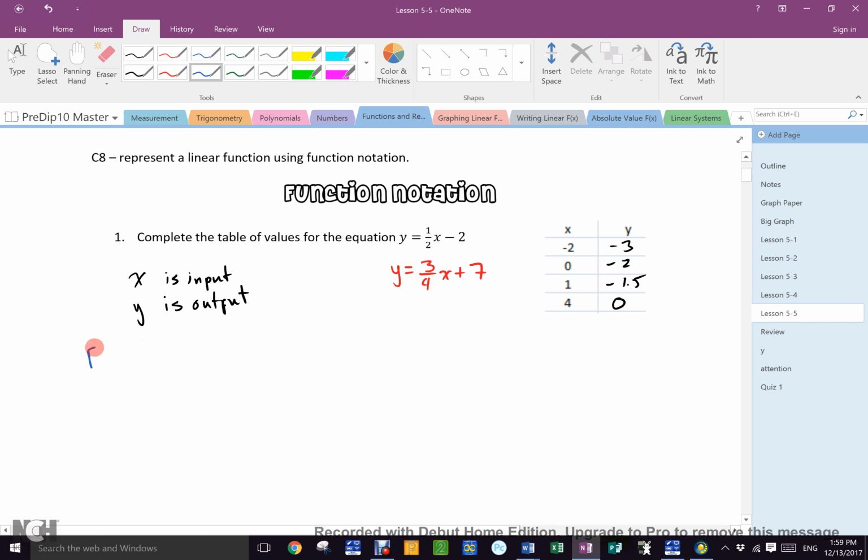In function notation, every function gets a name. Okay?